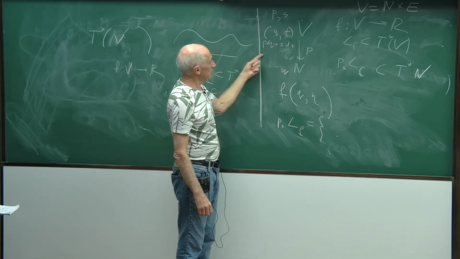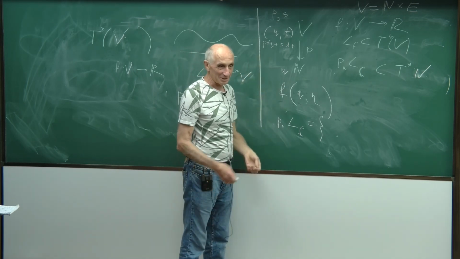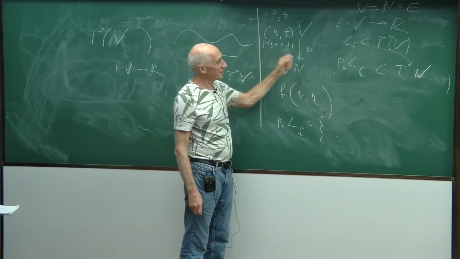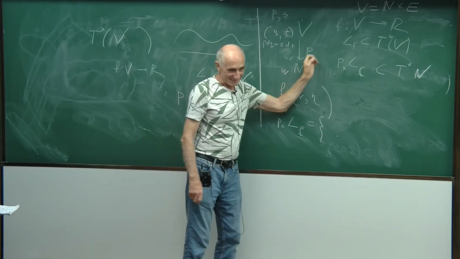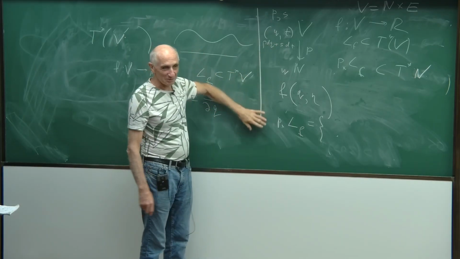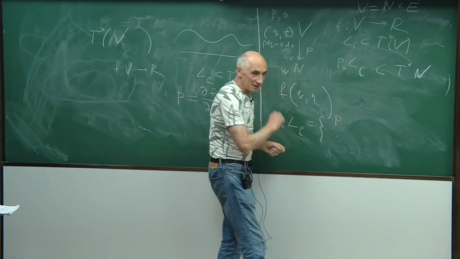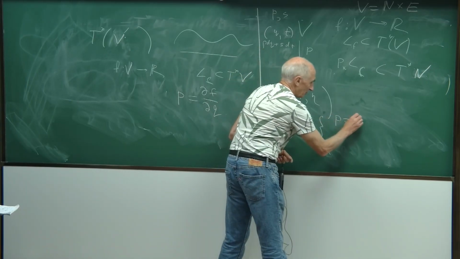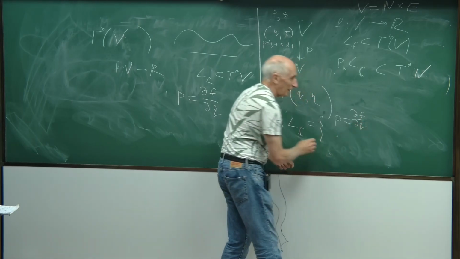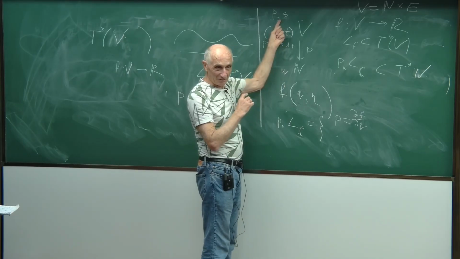I already see a contradiction in what I wrote, because you have p here and p here, but okay. So you take p equal to df over dq, and s equal to df over dt, which is given.